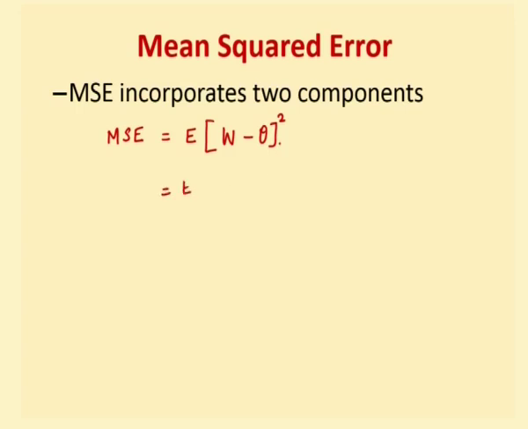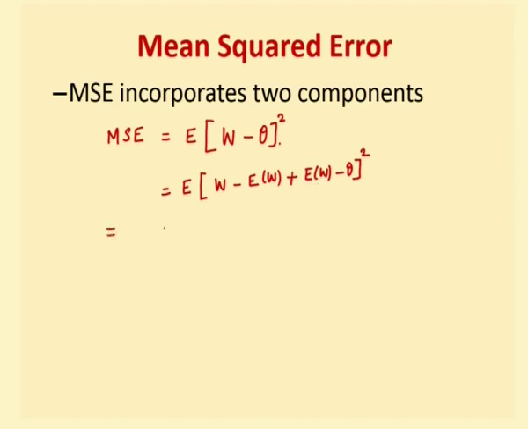So, I have just some arithmetic work, not much. W minus expected value of W plus expected value of W minus theta, the whole square. Nothing more, I just add and subtract the expected value of W.